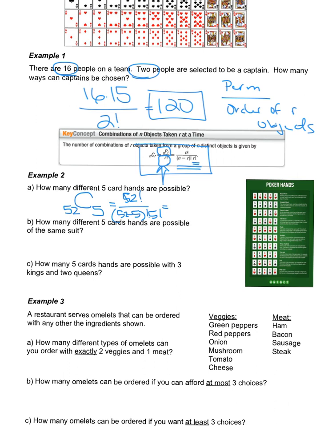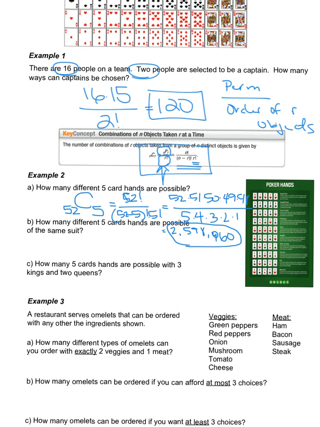This is going to work out to be 52, 51, 50, 49, 48, because we took 5 cards, but then we don't care about the order of those 5 cards, so we divide by 5, 4, 3, 2, 1. You wind up with 2,598,960 different 5-card hands possible using a standard deck of cards.